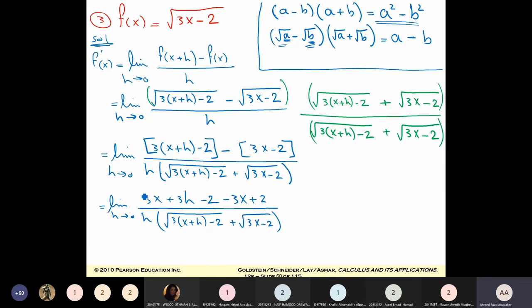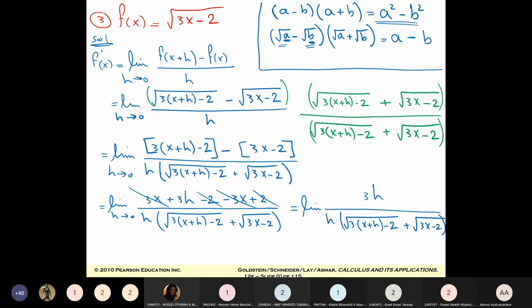Now we can remove 3x with negative 3x, 2 with negative 2. So we have limit 3h over h multiplied by radical 3x plus h minus 2 plus radical 3x minus 2. Now we can remove h with h.